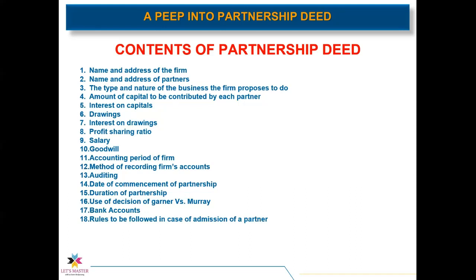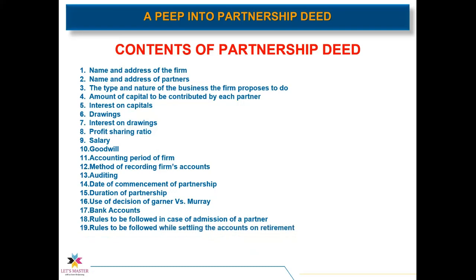So depending on the thought process of the partners, it can be decided what rules need to be followed in case of admission of a new partner. Then rules to be followed while settling the accounts on retirement.